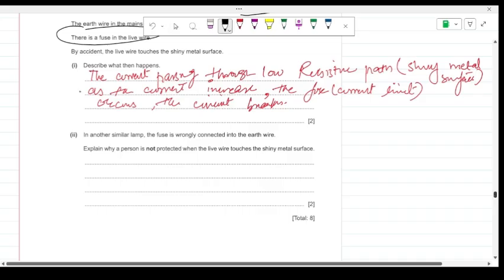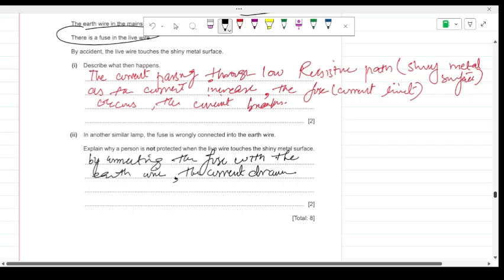So we can write that by connecting the fuse with the earth wire, the current drawn limit is eliminated, and a huge current is drawn from the surface because it has low resistance.